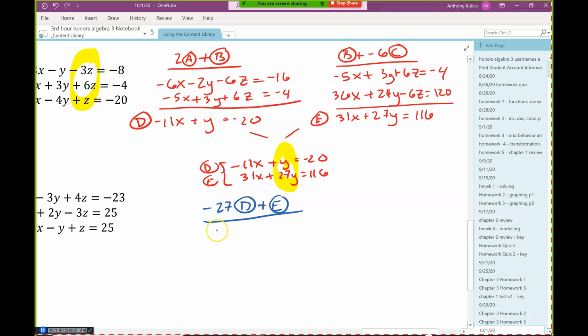Let's see, so -11 times -27 is 297, I think. -27y. And 27 times 20 is 54D. Yeah. And then the other one didn't change.